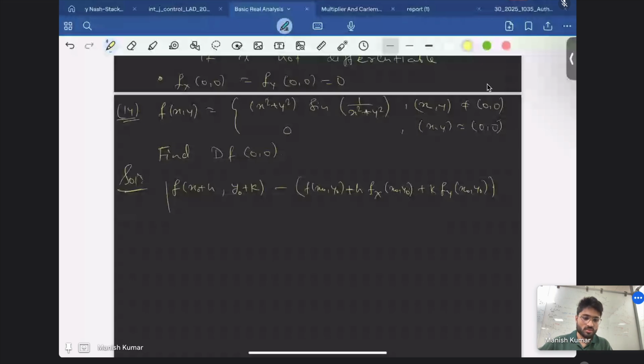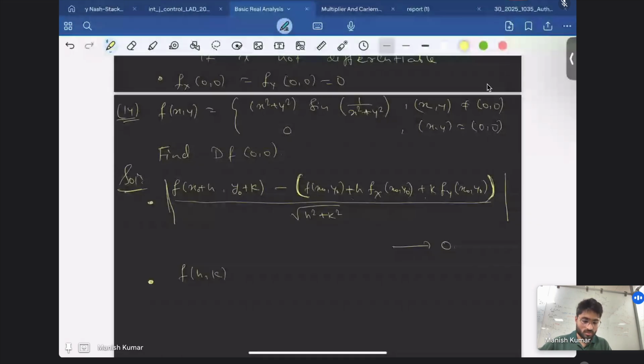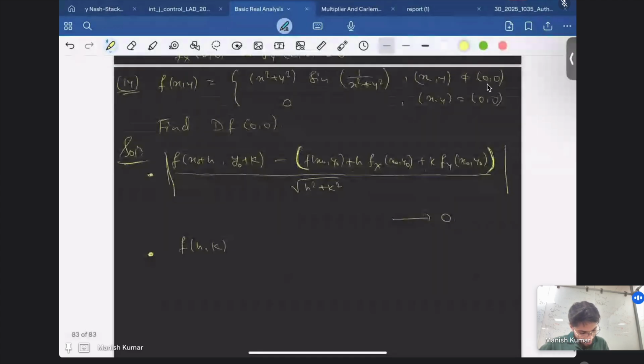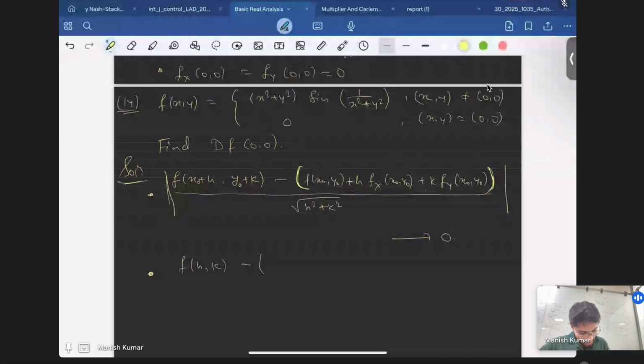At 0, 0: f of h, k minus f at 0, 0, which is 0, minus h times fx at 0, 0 plus k times fy at 0, 0, divided by root of h square plus k square.